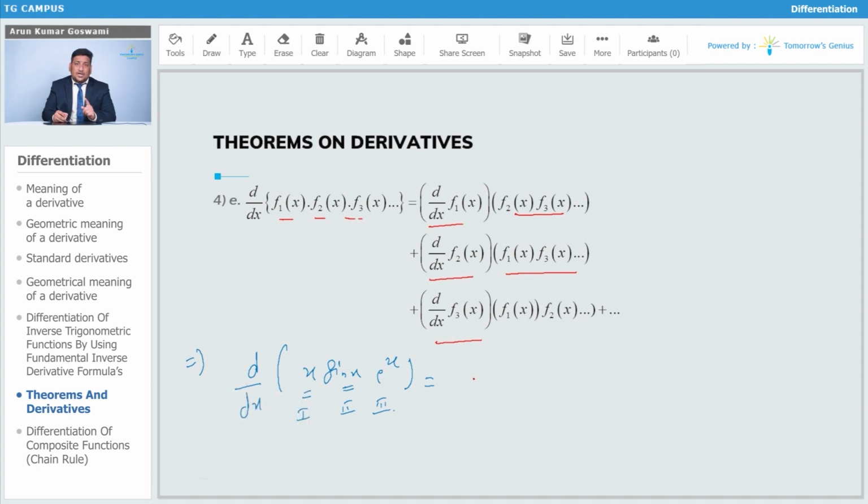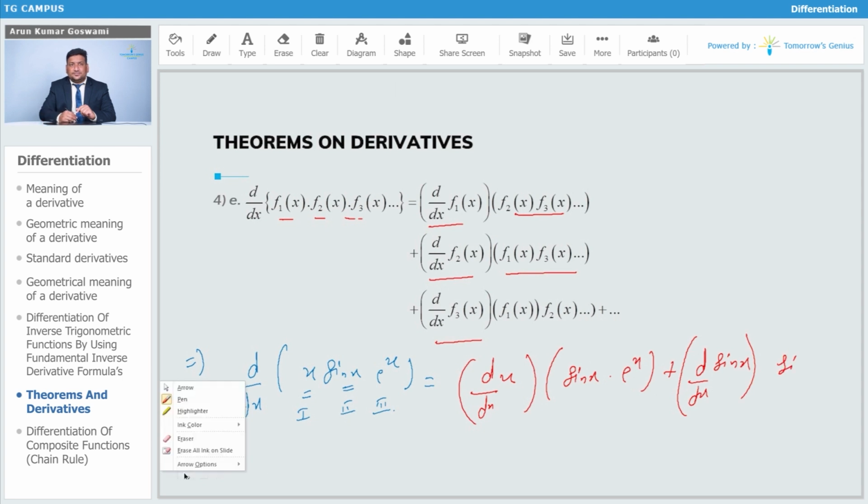I will keep the first function as a derivative and the others as they are. It means d by dx of x, and the others, sine x into e to the power x, as they are. Plus d by dx of the next function, which is my second function, sine x, and the others as they are, so x and e to the power x.